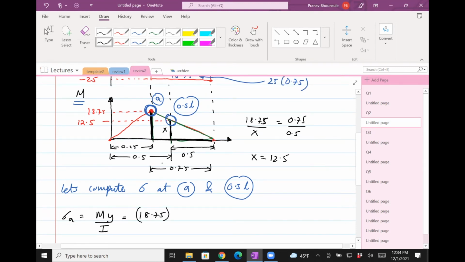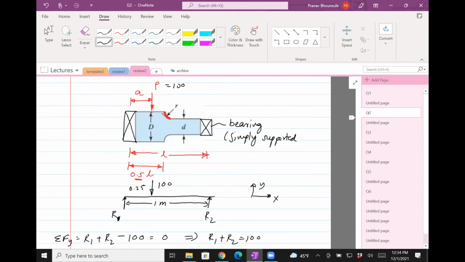Y is the distance from the neutral axis. So this is the neutral axis. So if you see this cross section, this is for A. That's capital D. And half of that is D divided by 2. So this is the neutral axis.